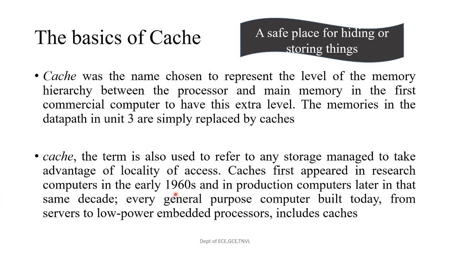The term cache is also used to refer to any storage managed to take advantage of locality of access. Caches first appeared in research computers in the early 1960s and in production computers later in that same decade. Every general purpose computer built today, from servers to low power embedded processors, includes caches.